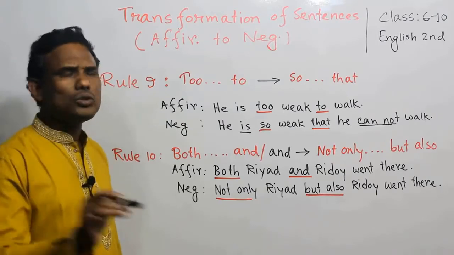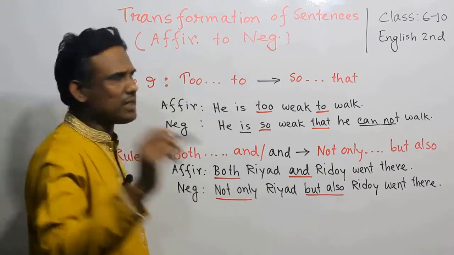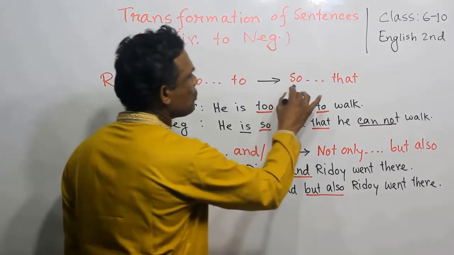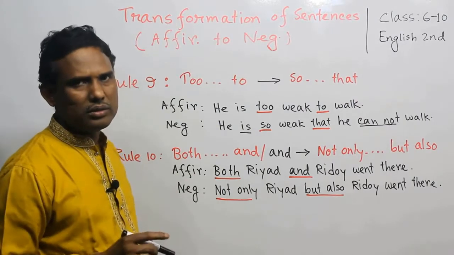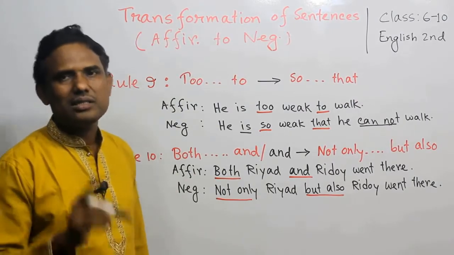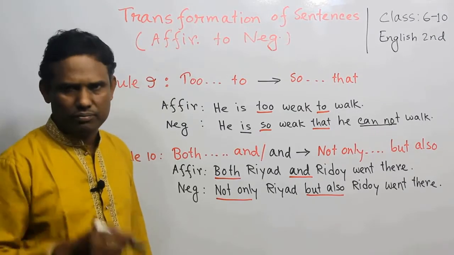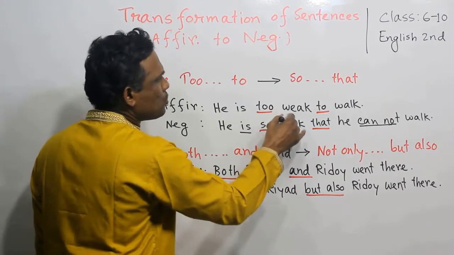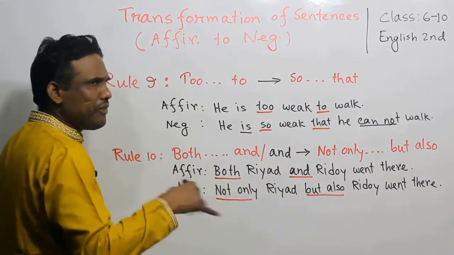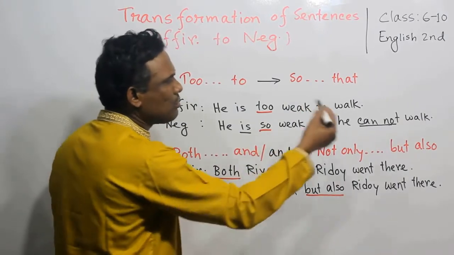Okay. Rule 9. If you see too in a sentence, you can make a negative sentence by using so that. Here you should remember that is followed by subject plus cannot or could not plus verb. For example, he is too weak to walk. Its negative form is he is so weak that he cannot walk.